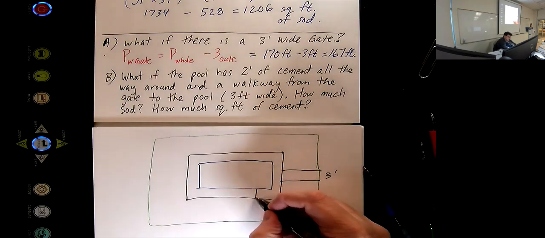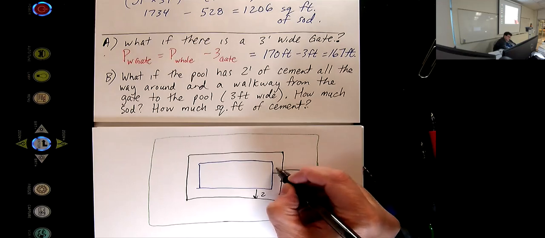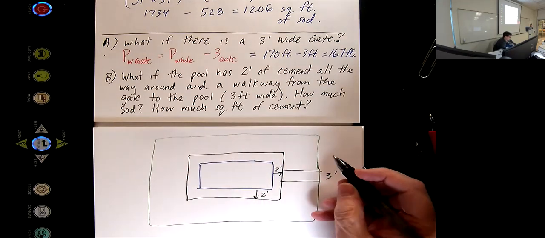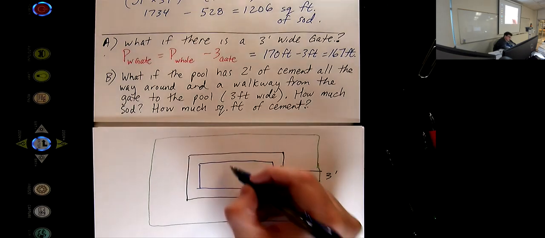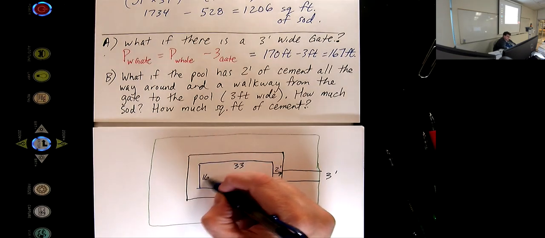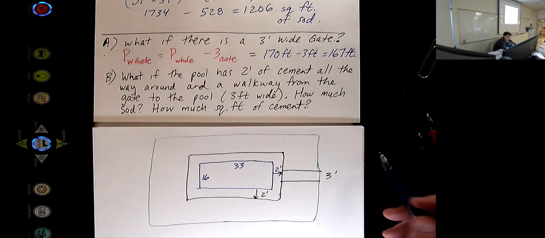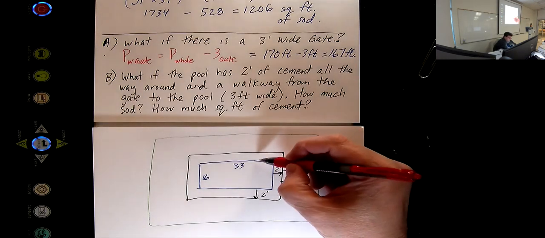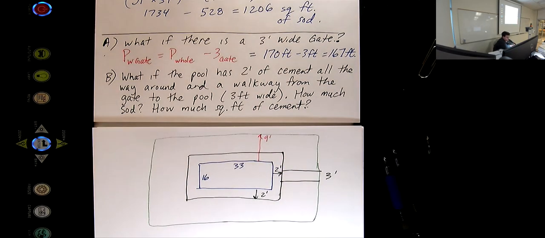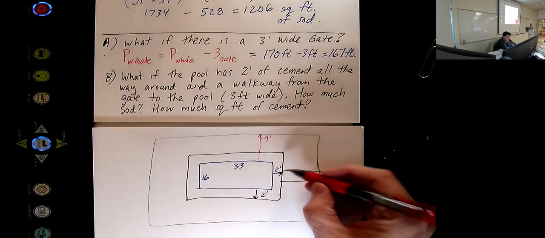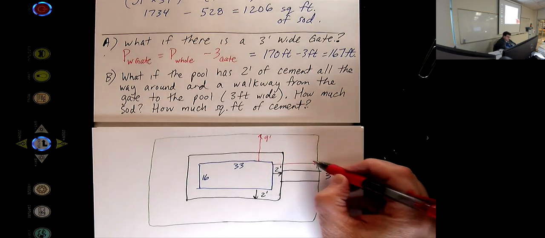This is 2 feet, 2 feet. What was it, 33 and 33 and 16? And we know the whole distance. This distance is 9, which means this distance is 9.